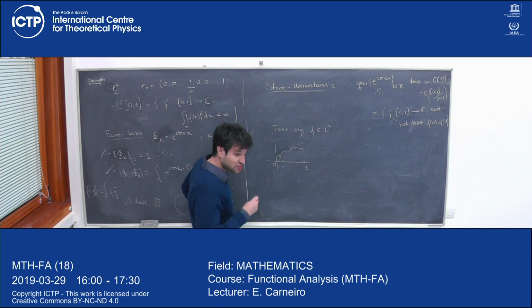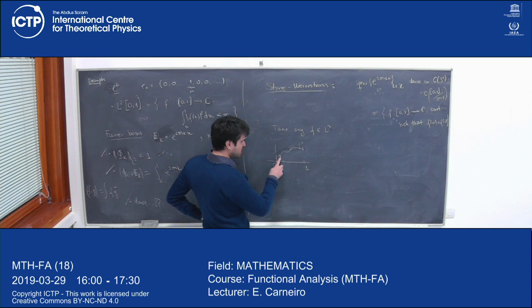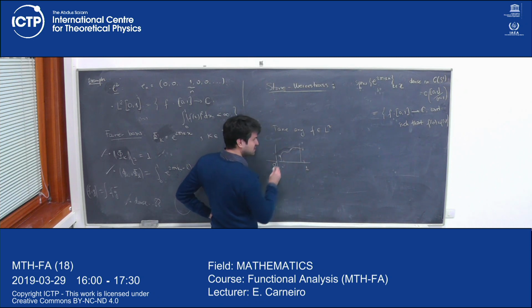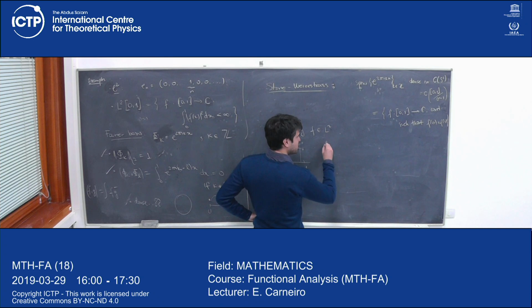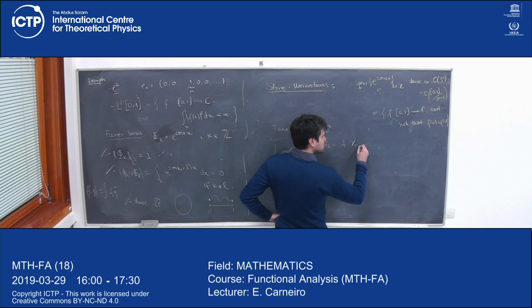What you could do is just truncate here and here. You just erase what it was before here, and you erase what is after here. So let's just consider f epsilon to be f times the characteristic function of the interval epsilon, 1 minus epsilon.